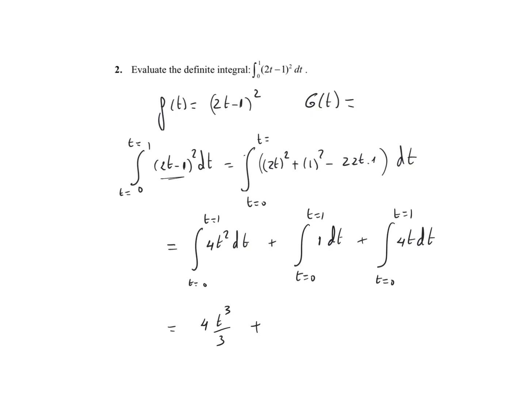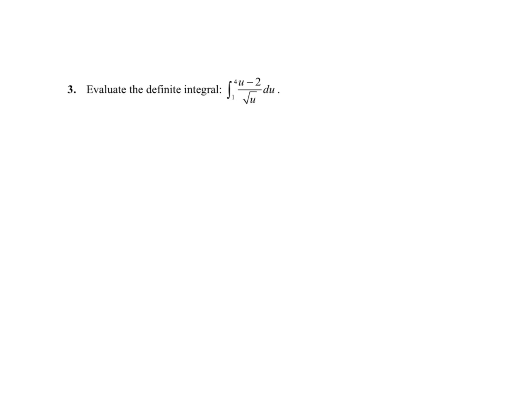The antiderivative of 2t is 2t squared divided by 2, so it will be t squared. It's (2t minus 1) squared. You develop this term, (a plus b) squared, a squared plus b squared minus 2 times the first by the second. You do the integral. I think that you know how to do it.